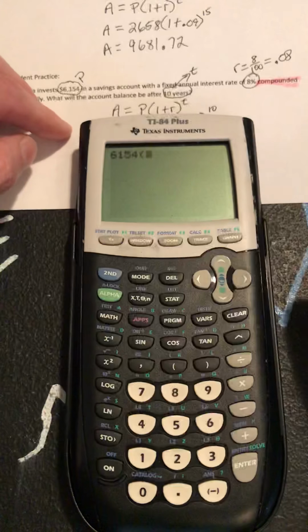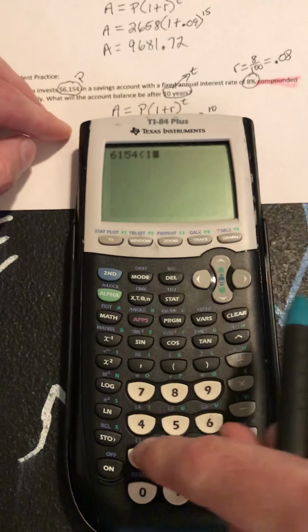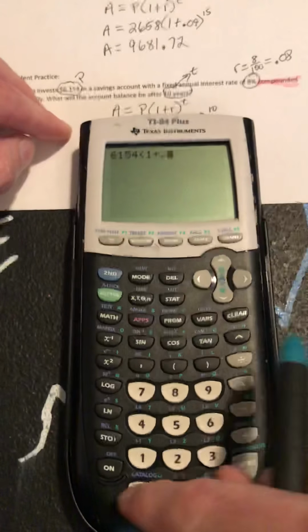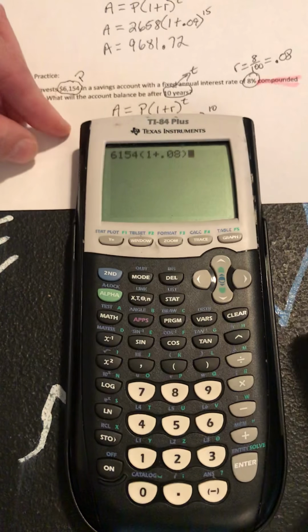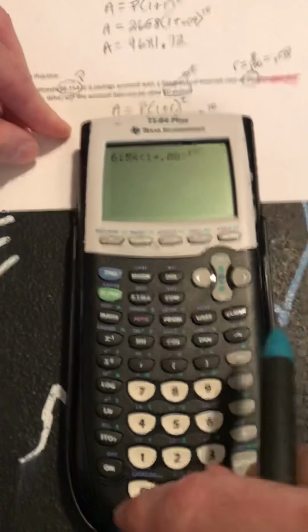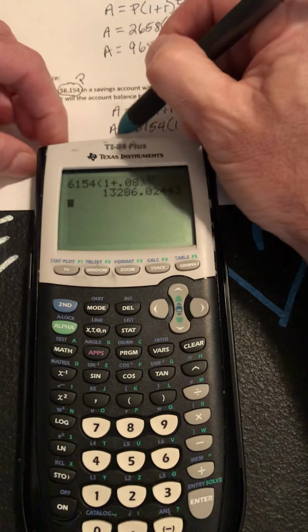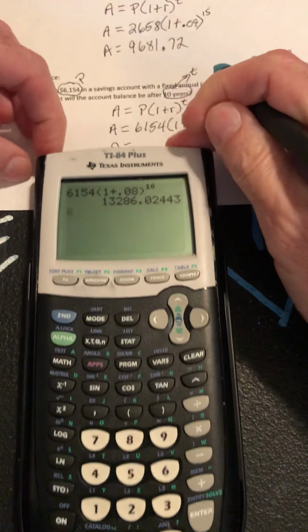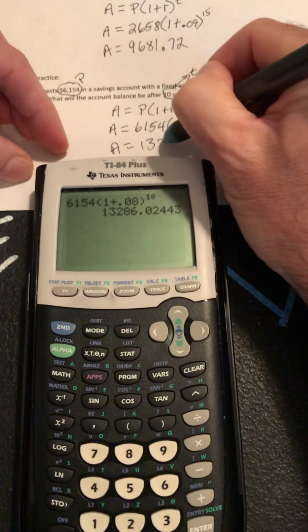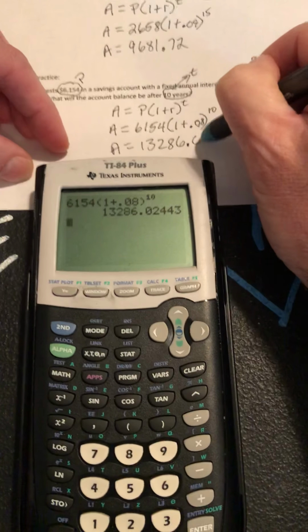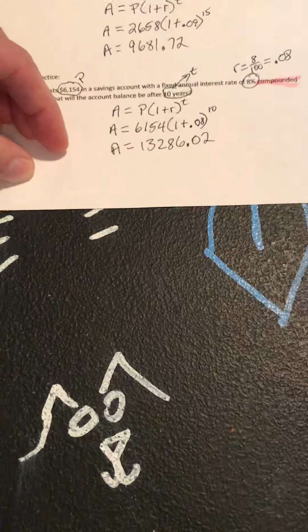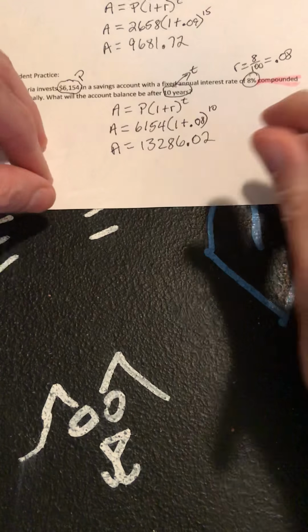Let's see how much it becomes after 10 years at a rate of 8%. So 1 plus 0.08, and then our exponent of 10 years. Hit enter. And we have a new account balance of $13,286.02. Hopefully that's what you got also.